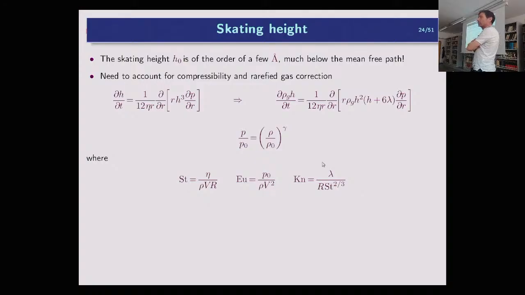This is zero, if you want. So then you are saying that the compressibility definitely plays a role in that effect? Yes, or these rarefied gas corrections. I don't claim that I have the answer about the effect of reducing the ambient pressure, but in my incompressible simulations, I cannot test this idea.